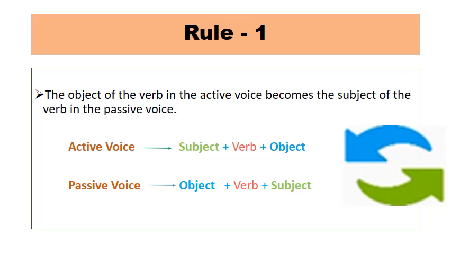So the structure is object plus verb plus subject. The object of the verb has come to the place of the subject of the verb. So here the object is followed by the verb and the verb is followed by the subject.